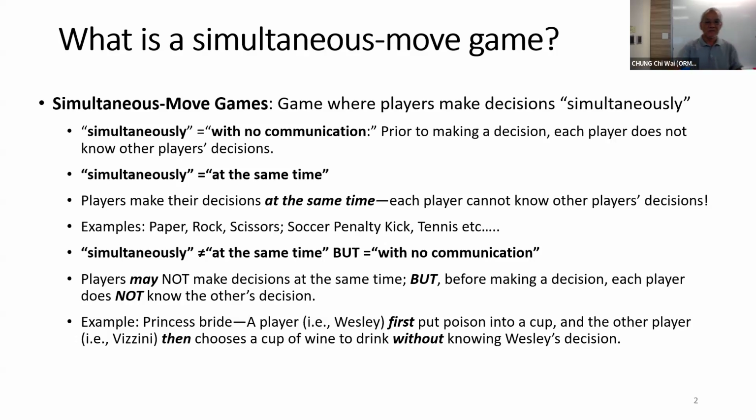Like the example in The Princess Bride, the prince and the thief did not make the decision at the same time, and did not know the decision made by the other, so we still consider this a simultaneous move game.